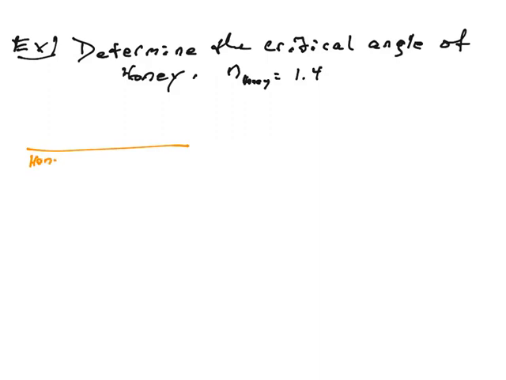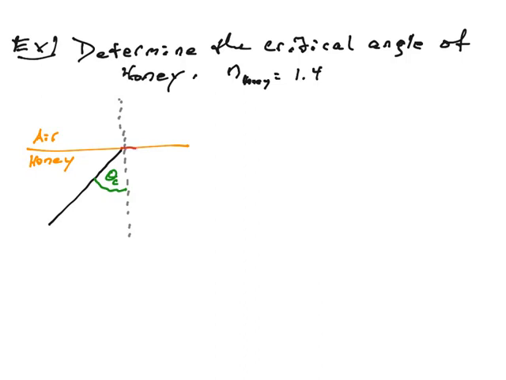Honey down here, and air is up here. Here comes my light. It's coming in. It hits on the surface of the honey. And now I'm assuming, I'm mandating, that this angle is the critical angle. And if it is the critical angle, what happens?